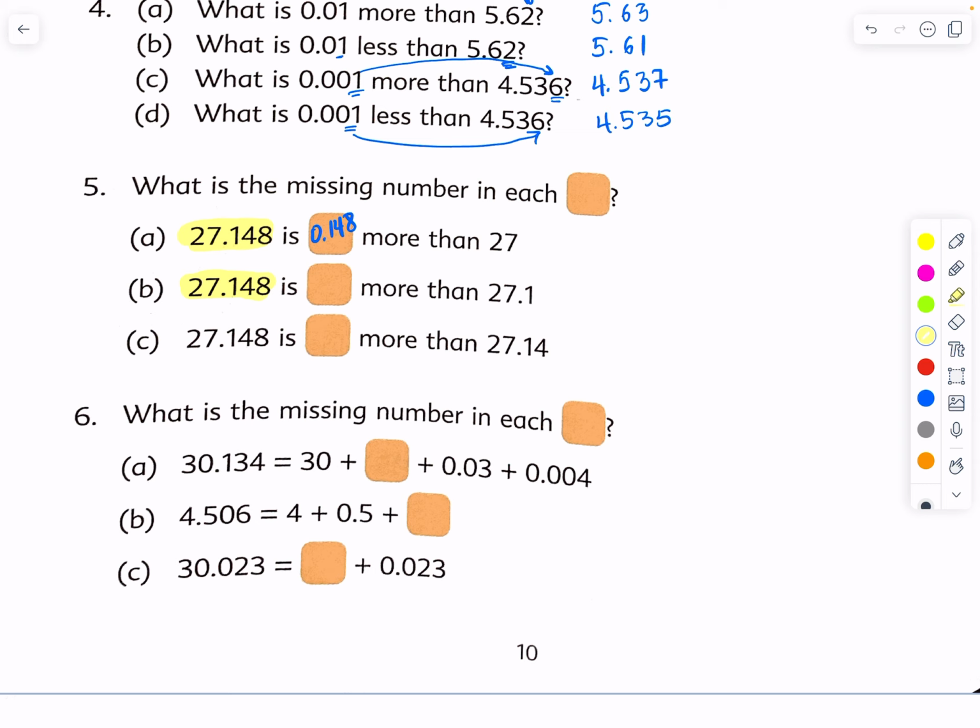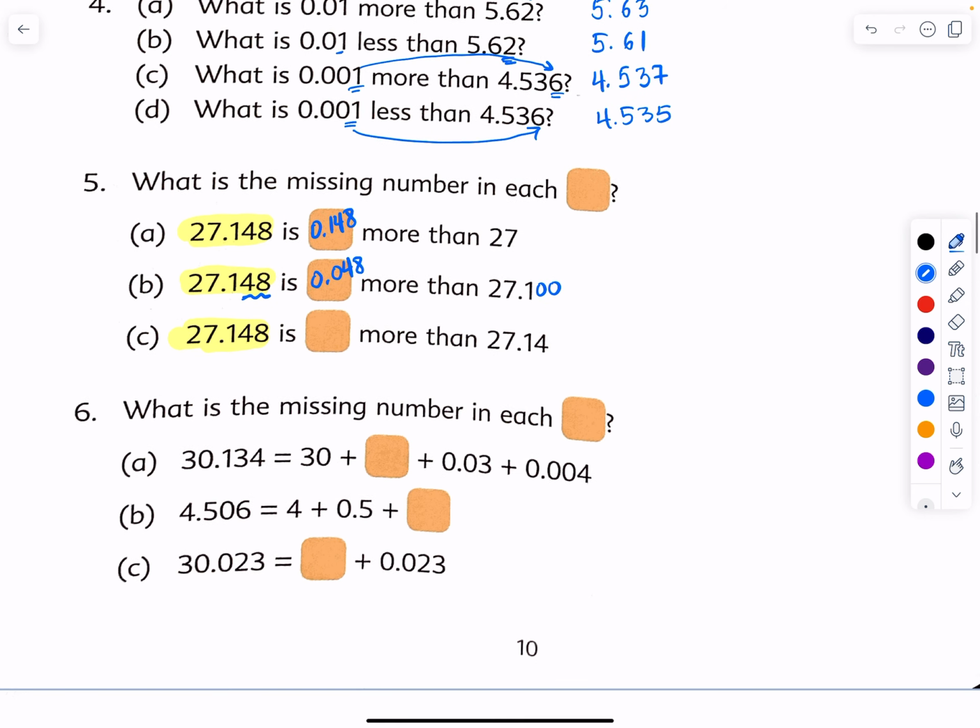Now we have the same digits. 27 and 148 thousandths is blank more than 27.1. Well, this is the difference, right? We can always put these trailing zeros. So what is the difference? It's 0.048. And finally, 27 and 148 thousandths is blank more than 27 and 14 hundredths.